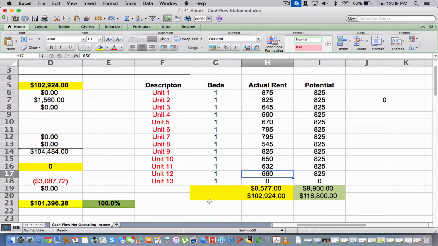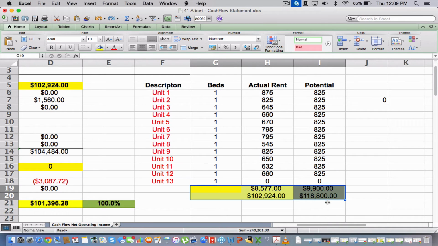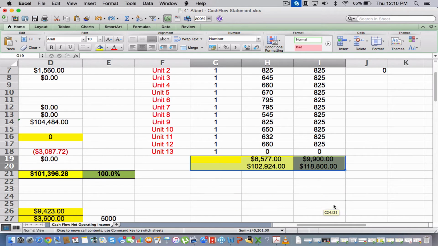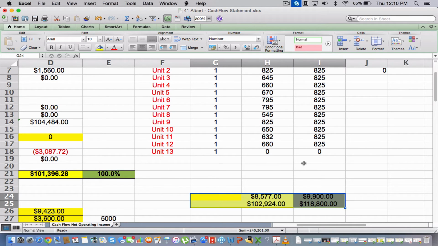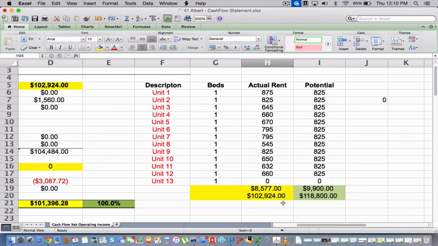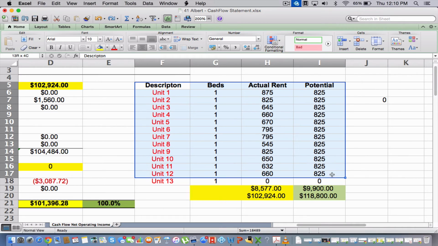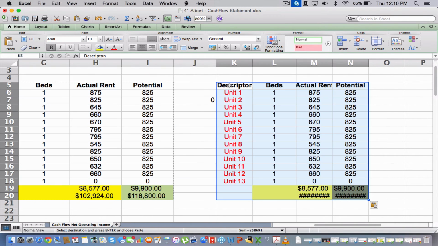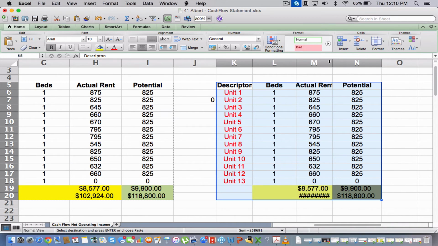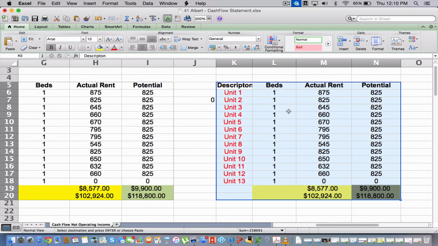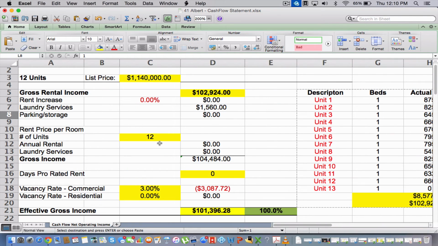If the building is more than 12 units, you kind of need to manipulate this spreadsheet to allow for more units. You can do this by highlighting and moving this down. You can start adding more and more units and change the formula to match. What you can also do is copy this whole thing and make another one here, just to allow you more room to calculate more units.